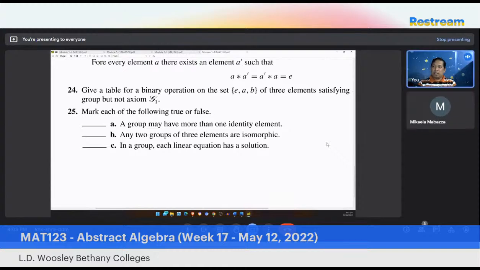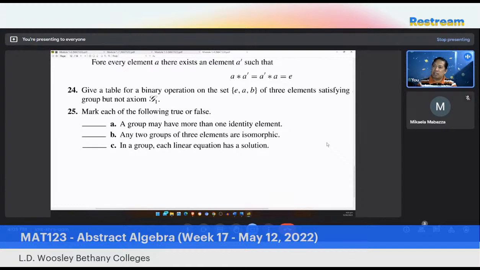So may correspondence. What will make it isomorphic? May one-to-one correspondence, may onto, ano pa yung isang property, no? So there's a third property that will make it isomorphic. Yes, it's possible. No? So it's true.